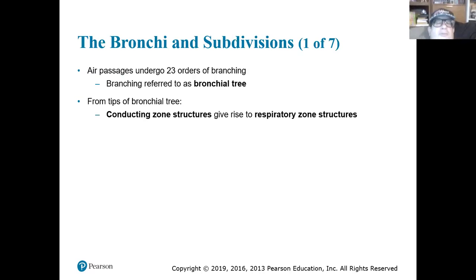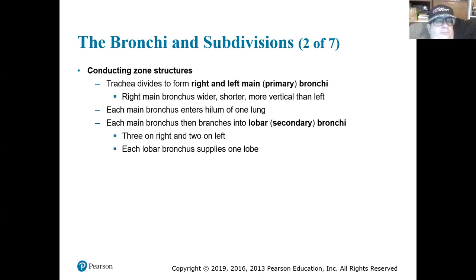So 23 levels of branching as the bronchi go down to the bronchioles, and then the respiratory bronchioles, and then the terminal bronchioles. So yeah, lots of branching. The areas that carry air but don't do any gas exchange are the conducting zones. The areas that start to have alveoli where you start to exchange gases are the respiratory zone.